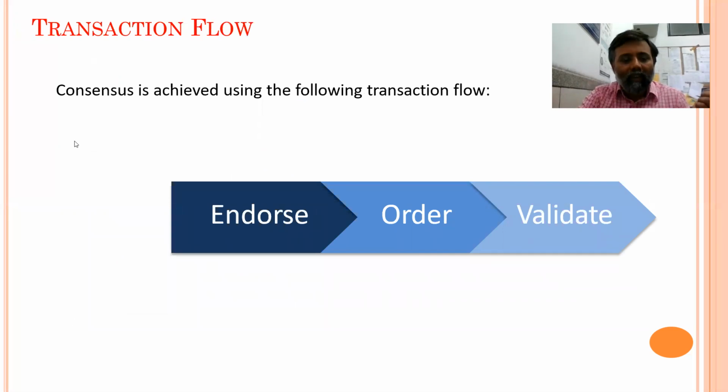So in Hyperledger Fabric, the transaction flow after a client submits a transaction is: firstly, endorsement is done, after that ordering, and then validation. This is different from the Bitcoin network, where ordering is done first and then a consensus mechanism is used.